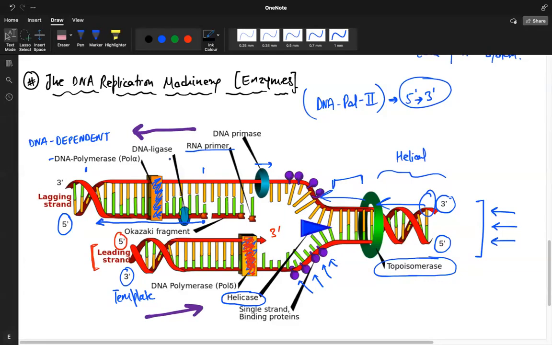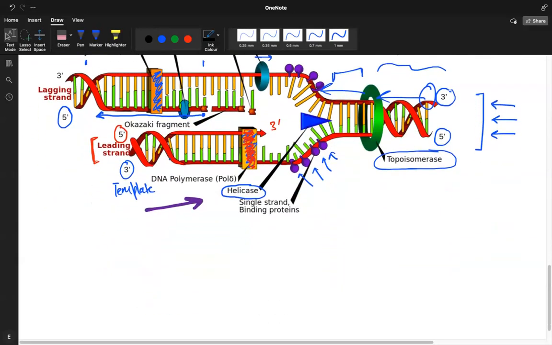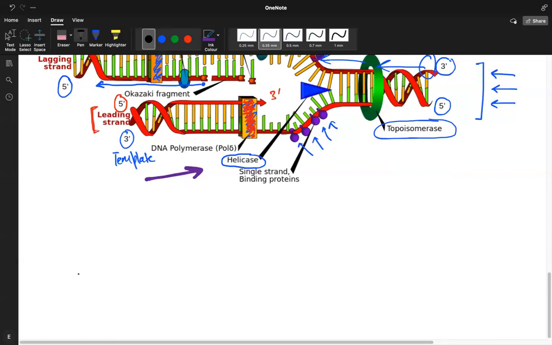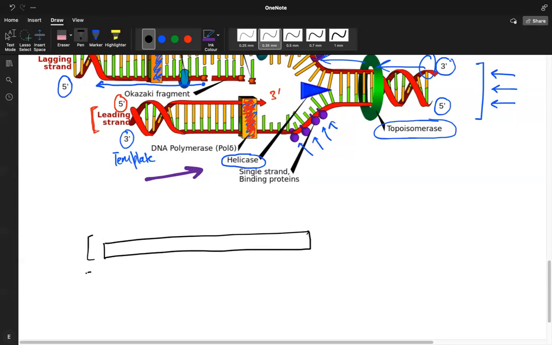So there is additional work that has to be done on the lagging strand. Now, very simply, just to give you an analogy, let's say there is a two-lane highway one is constructing. So this is lane 1 and this is lane 2. But the rule is this is east side, this is west side, and the roller can only move from east to west.